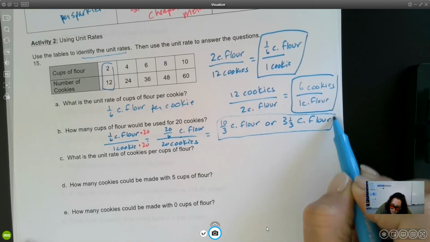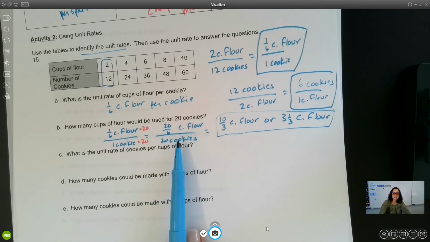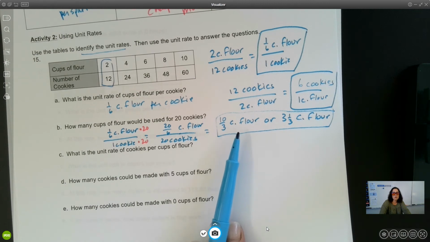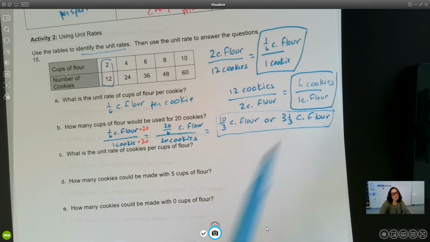That's your answer. Your answer is not this rate. The answer is how many cups of flour? 10/3 cups of flour or 3 1/3 cups of flour.